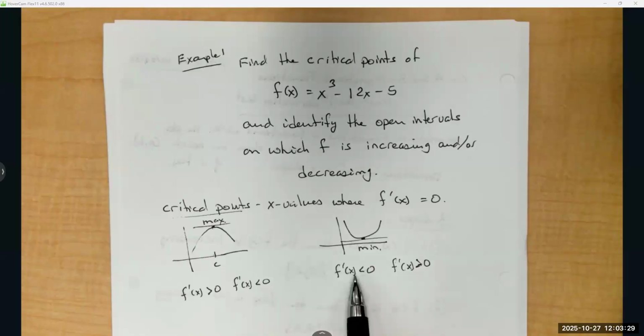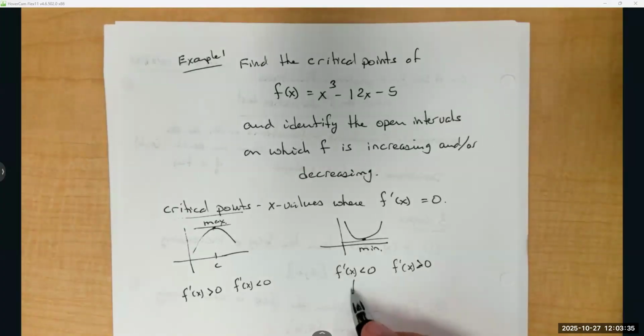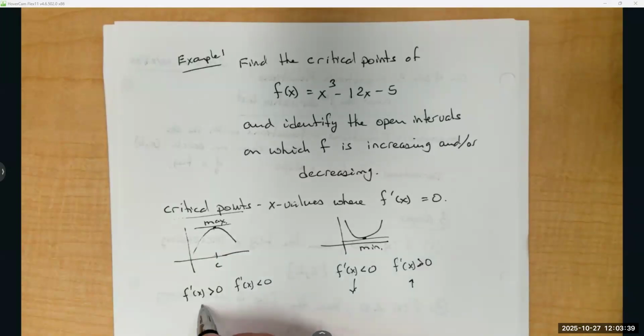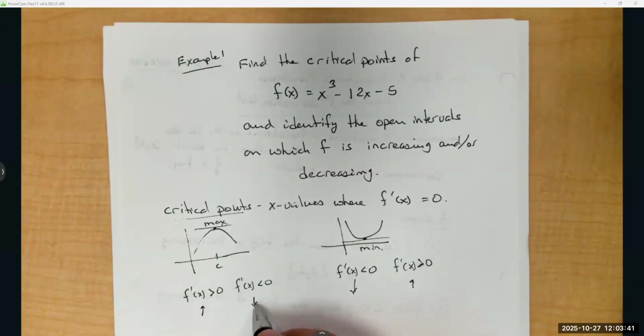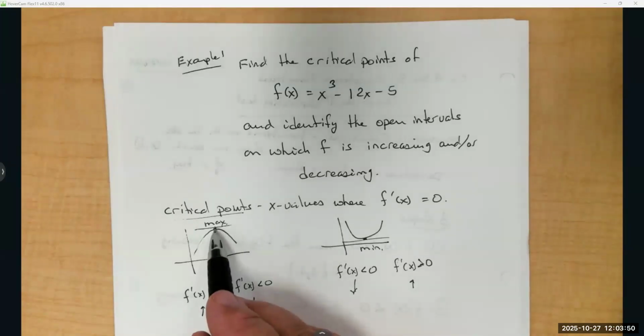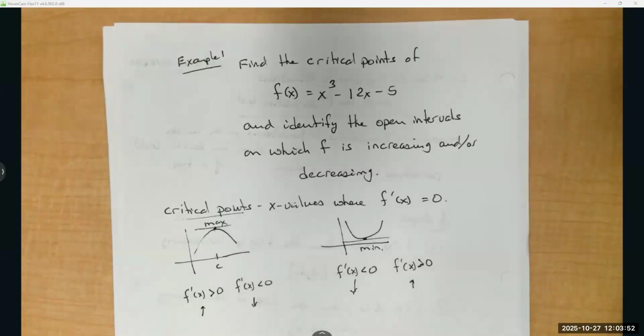So if the slope is negative, it goes down. If the slope is positive, it goes up. And if that's the case, as x always goes to the right, these critical points, the maximum, the vertices, are where the change happens.